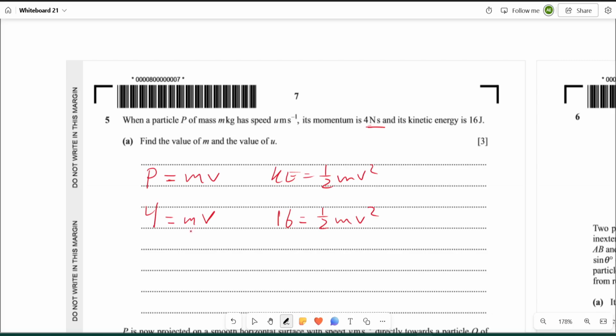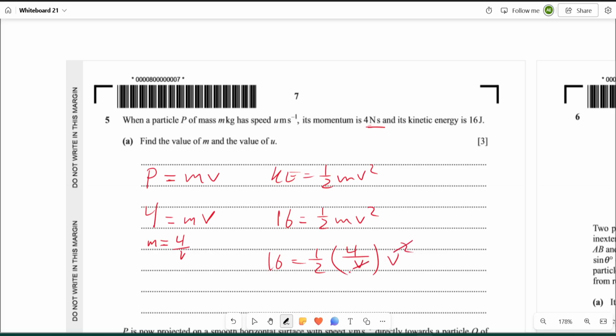How can we do that? Let's say we make mass the subject. So 4 over V is equal to mass, and then we're going to substitute it over here. So 16 equals 1 over 2 into 4 over V multiplied by V squared.